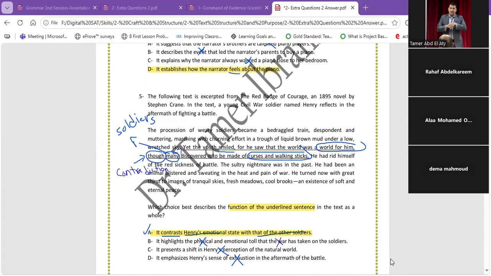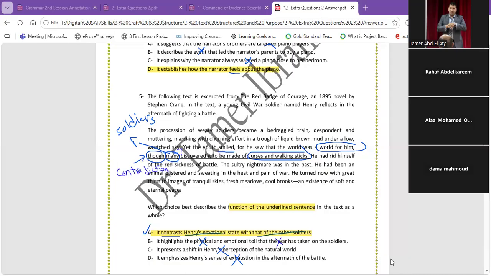May you tell me what you understand from the three sentences? That the soldiers are really tired and depressed from the things that they saw, except that this youthful soldier, when he saw the world after the war, I guess, saw it as something good. There's still hope in the world.